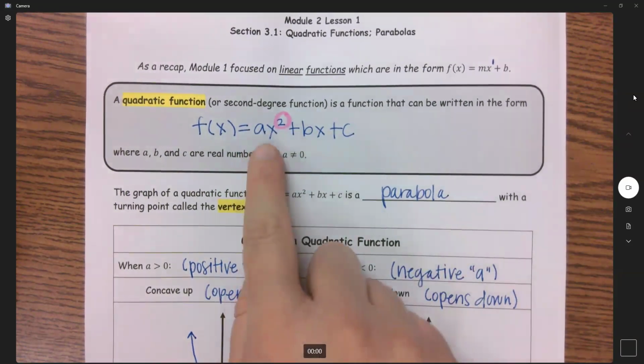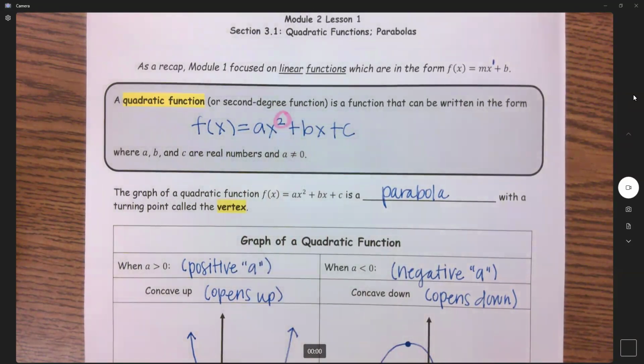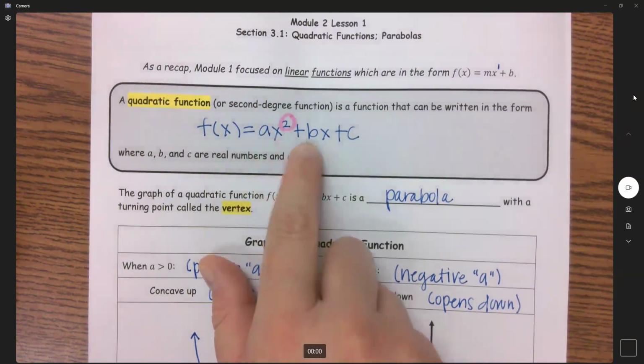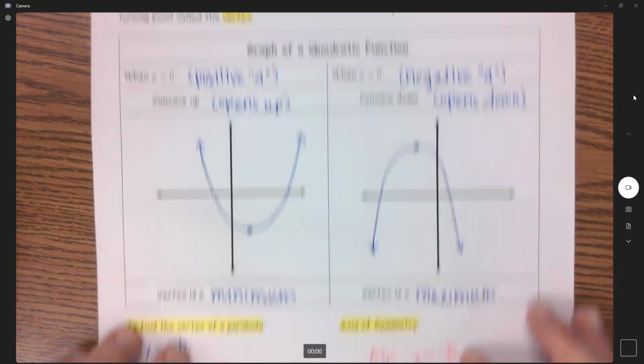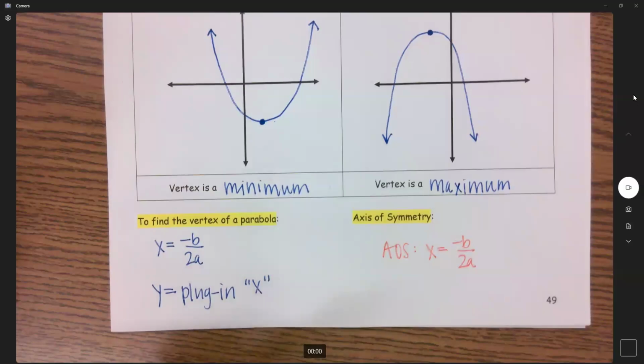Typically they will write it as x squared, x, and then the constant, meaning no x. But it's not always going to be in descending order, so it doesn't matter the order it's in. a is always with your x squared, b is always with your x, and c is always the number without a variable. So that's what I'm talking about with negative b over 2a.